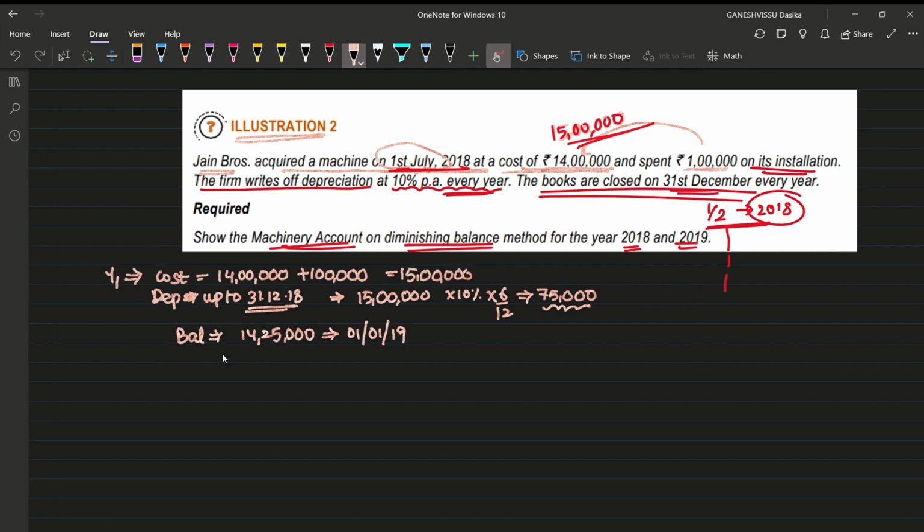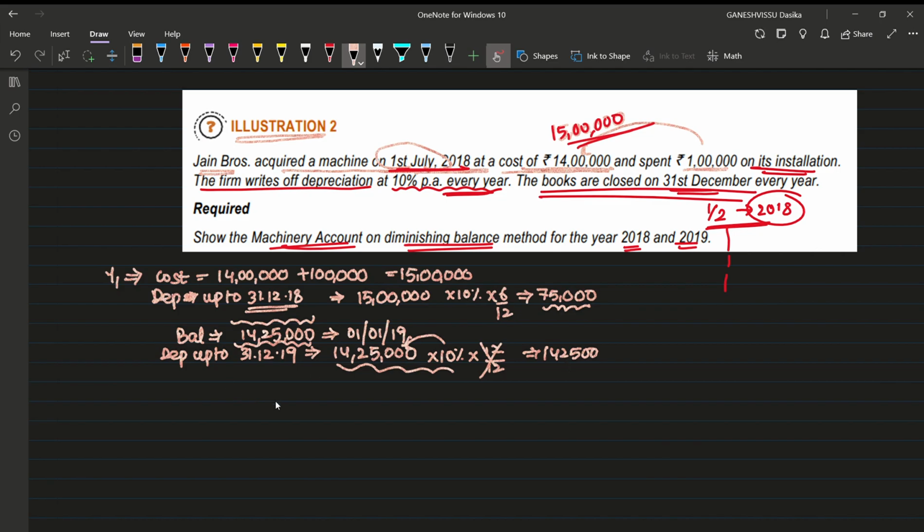And for the depreciation up to 31st December 2019, on this 14 lakhs 25,000, this is the reducing balance, the written down value. On this written down value depreciation will be charged. So 14 lakh 25,000 into 10% for 12 months, so 12 by 12 is not required. So for 10% we are going to charge on the written down value, which is 1,42,500.